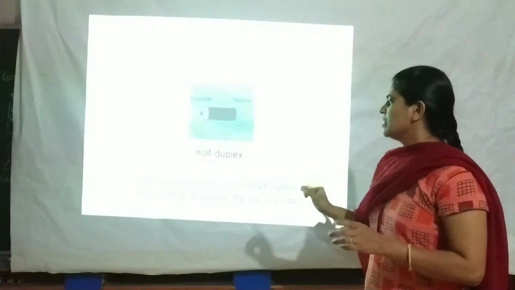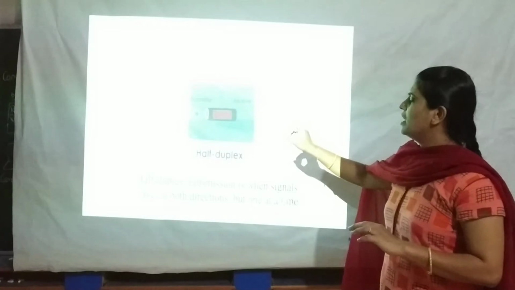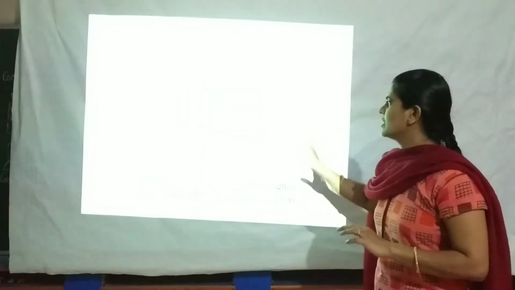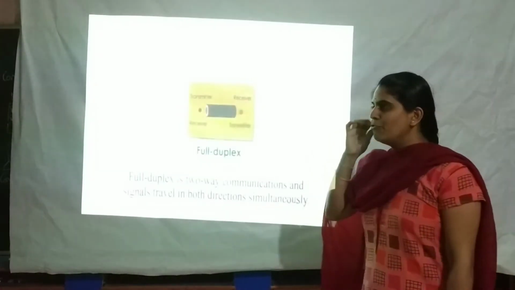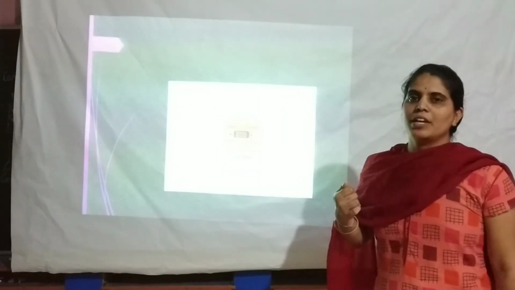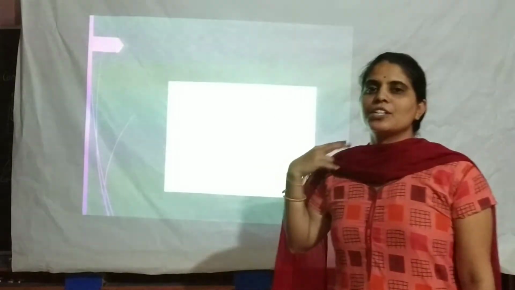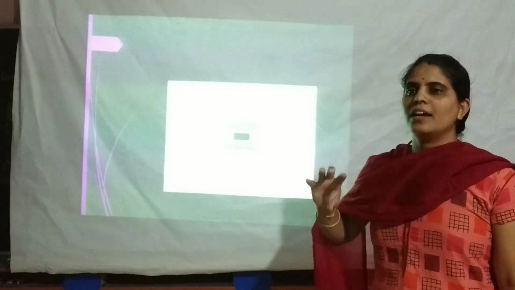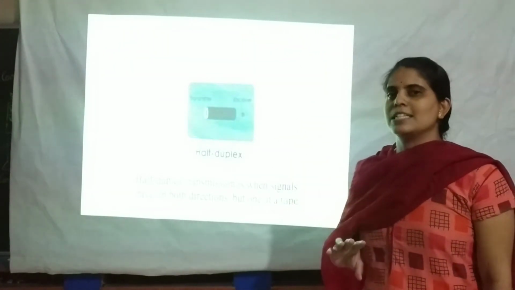Here we can observe that while the receiver is sending, the transmitter is waiting, and while the transmitter is sending, the receiver has to wait. An example is the walkie-talkie. Those are two communication devices, but one has to wait until the other completes its transmission.